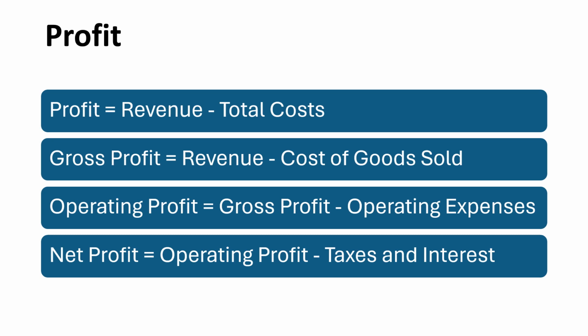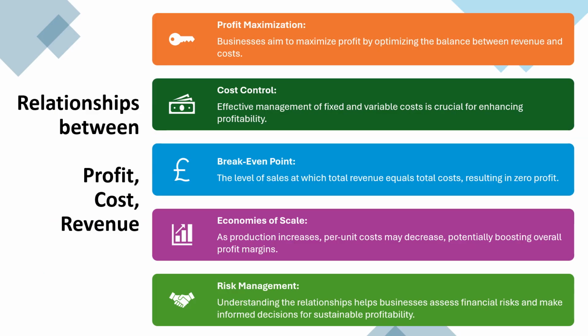In order to work out the operating profit, you need to do gross profit minus the operating expenses. And then in order to work out the net profit, you need to do the operating profit minus taxes and interest.